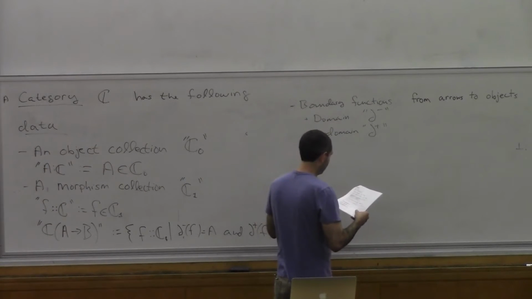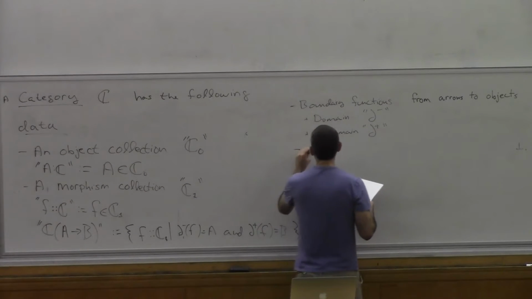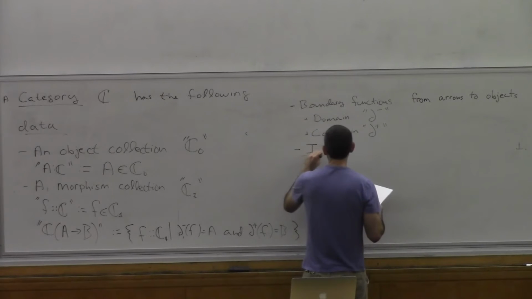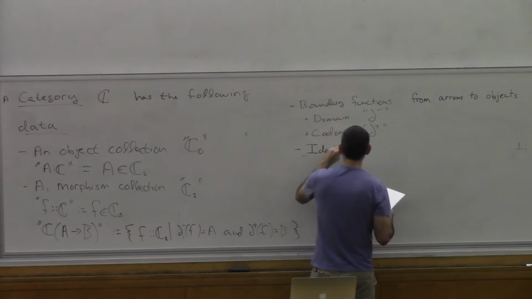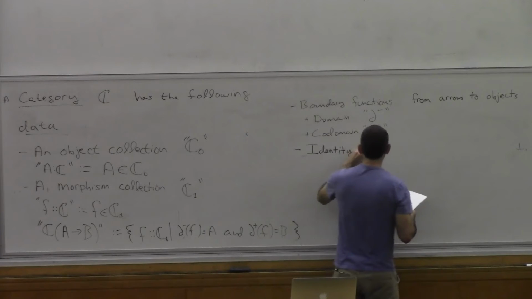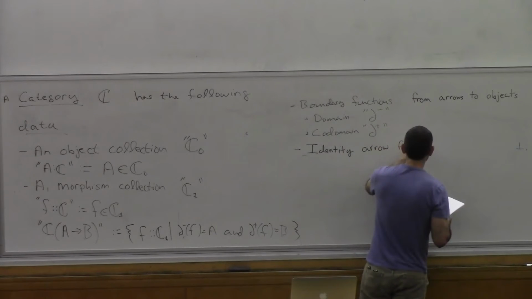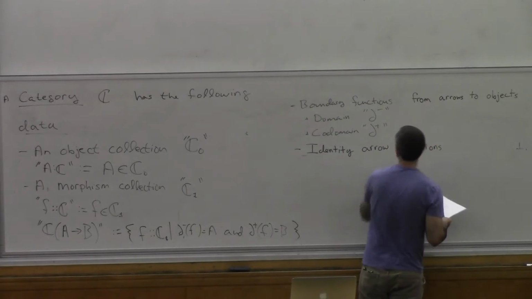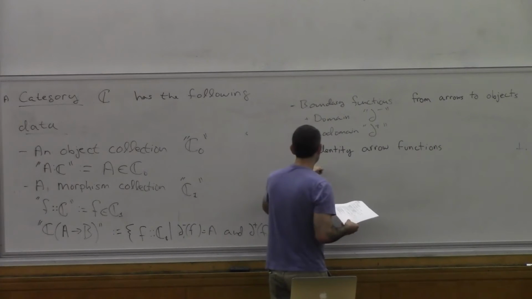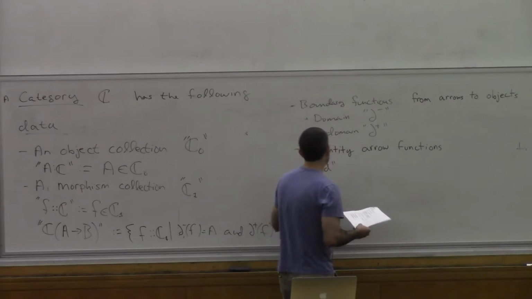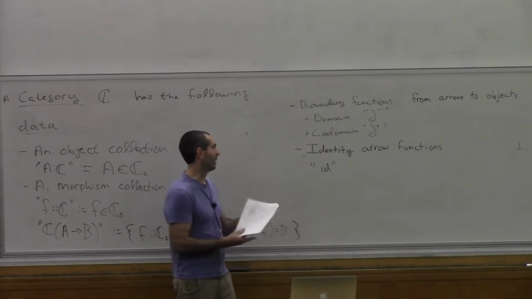We got boundary functions, we got this. Okay, then we have identity functions, identity arrows. And these are written id, right? And they take objects to arrows.